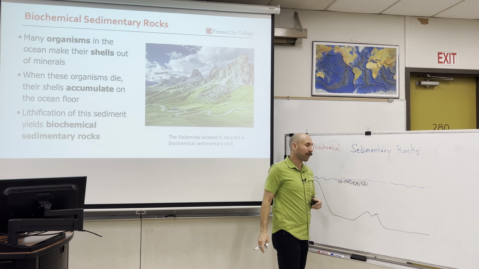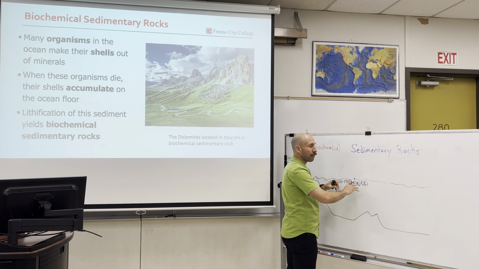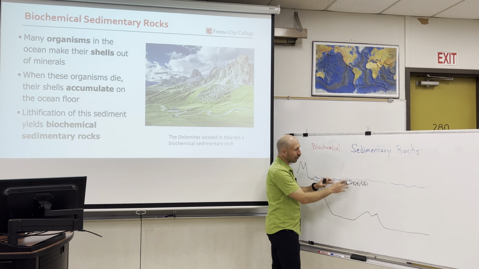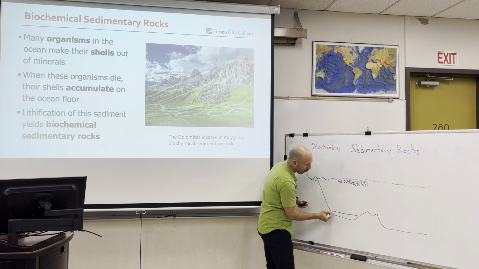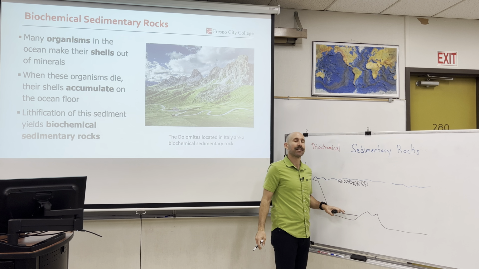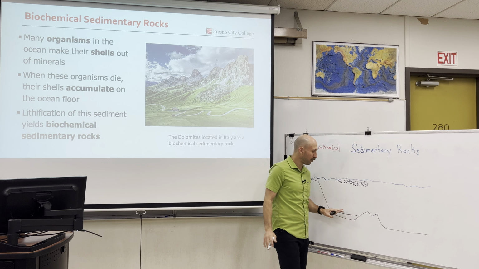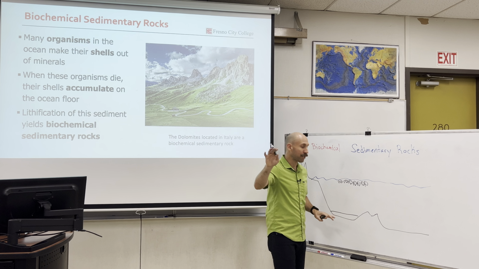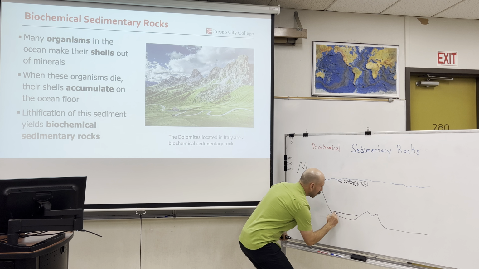Well, in certain periods, the primary productivity will explode and the accumulation will deposit at the bottom of the ocean, forming a siliceous ooze or a calcareous ooze that then later turns into sedimentary rock.